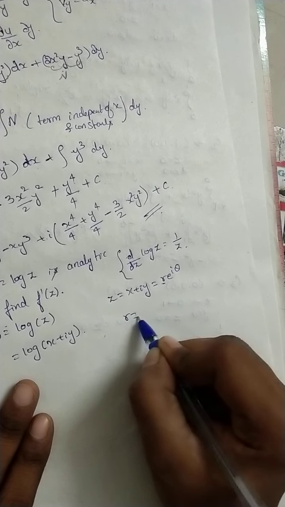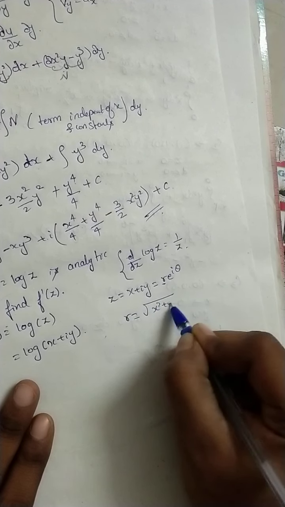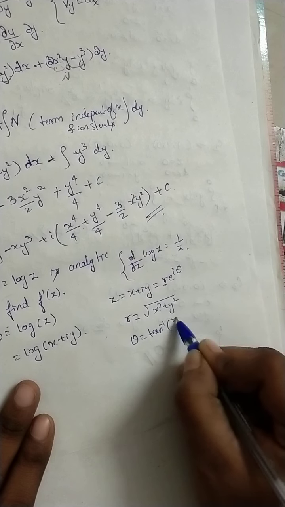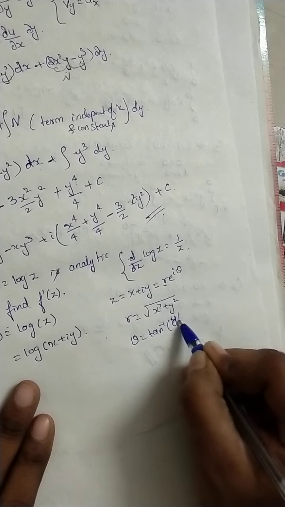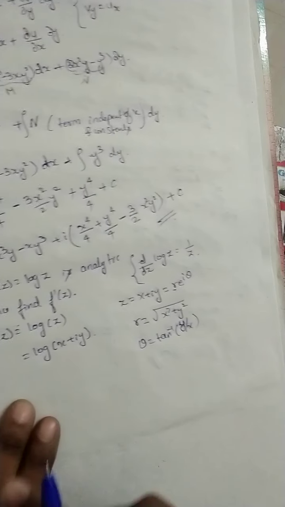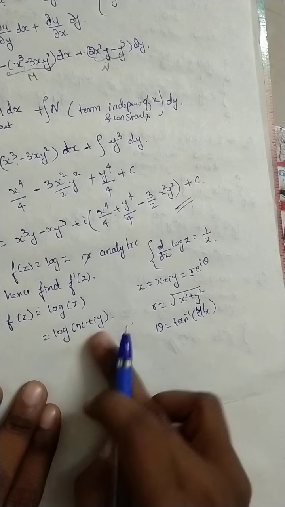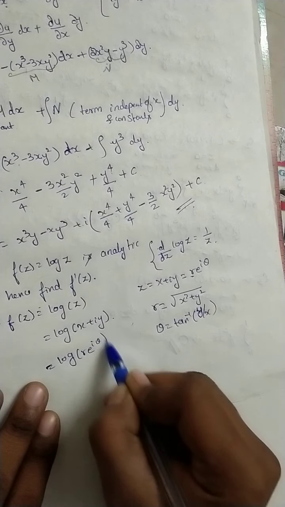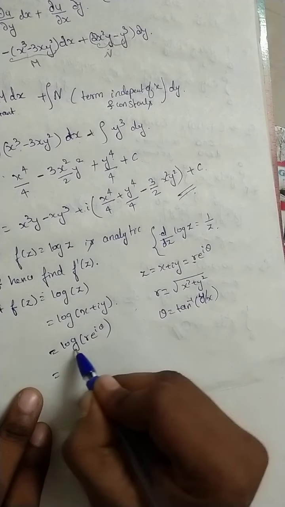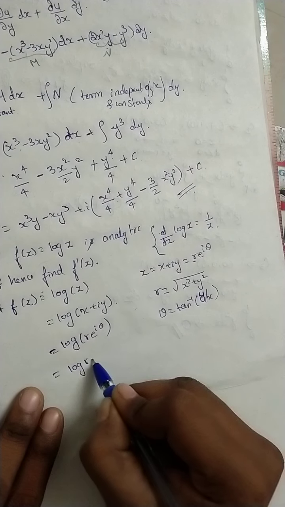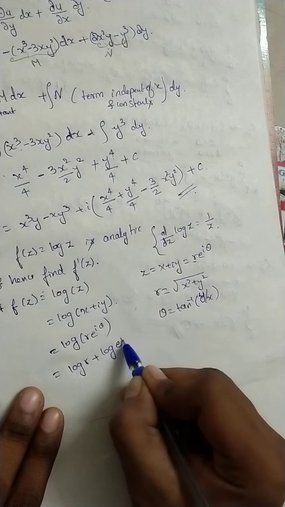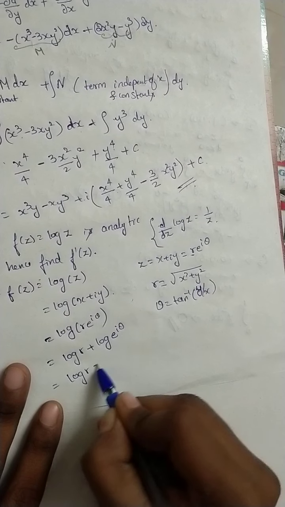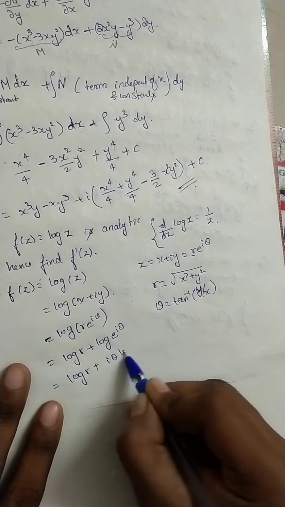Now r, we know that r is equals to root under x square plus y square, and theta is equals to tan inverse of y by x. Okay. So this is our formula that we are using here. So now we can write this as log of r e power i theta. Okay. Now again we can write this as log r plus log of e power i theta. Now again we can write this as log r plus i theta into log e.